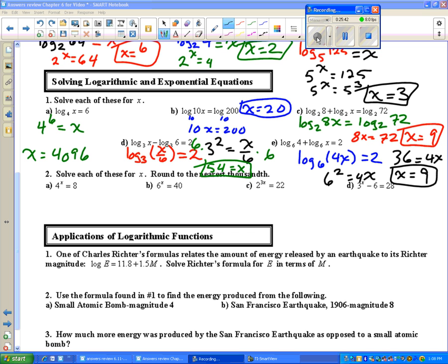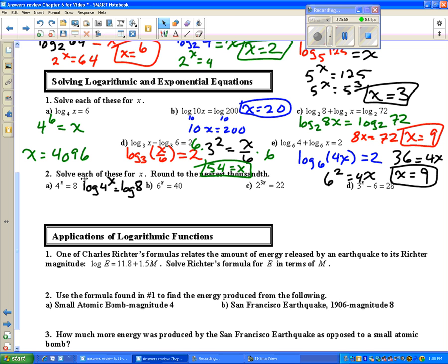Solve each of these for x. Round to the nearest thousandths place. I want to get the x out of the exponent, so I'm going to change it to a log. Log base 10 of 4 to the x is equal to log base 10 of 8. Bring the x to the front, just like my property tells me I can do. X times log of 4 is equal to log of 8.